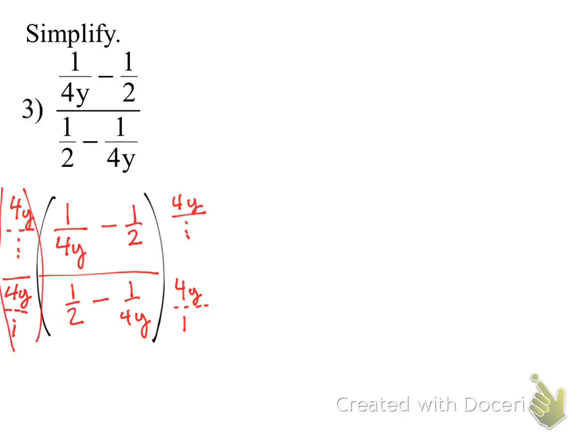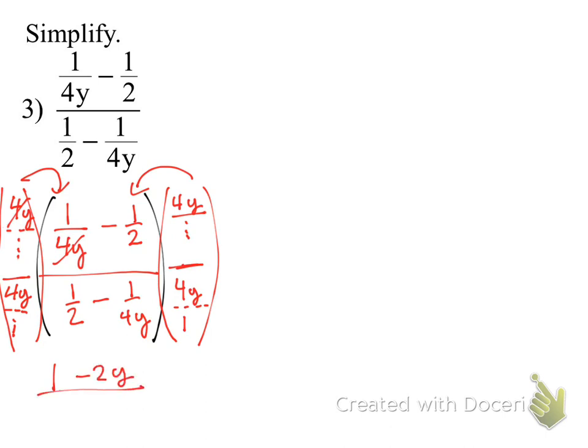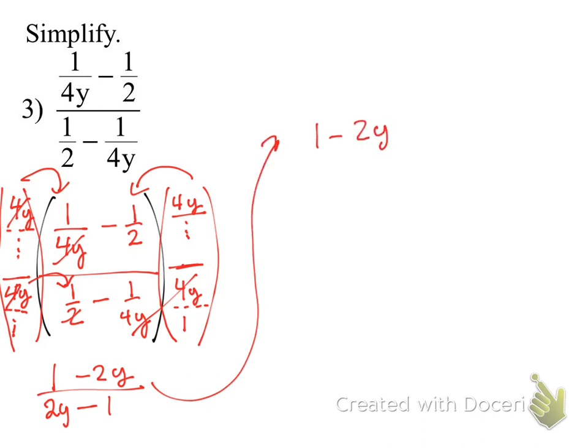Really should have parentheses on both of those. And then, are you guys with me? And so now when we distribute, what do I get for the first numerator? A 1. What do I get here? Minus 2y. Good. And in the denominator? Good. And here we're left with minus 1. Now, I'm left with 1 minus 2y over 2y minus 1.